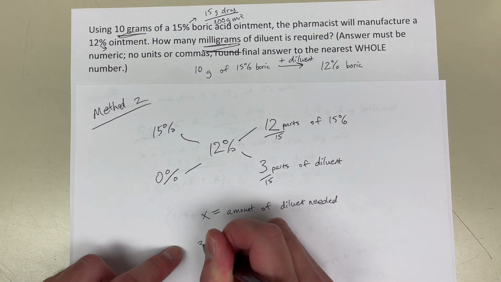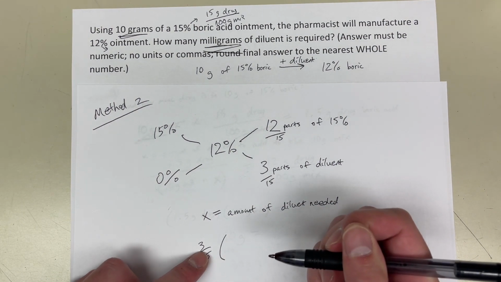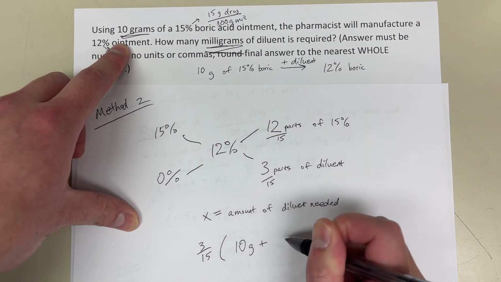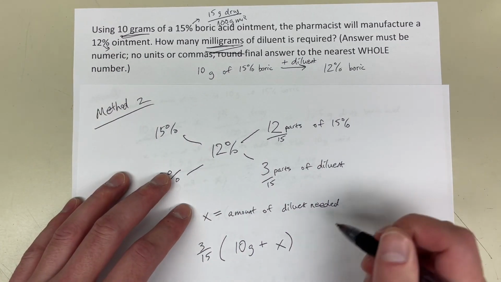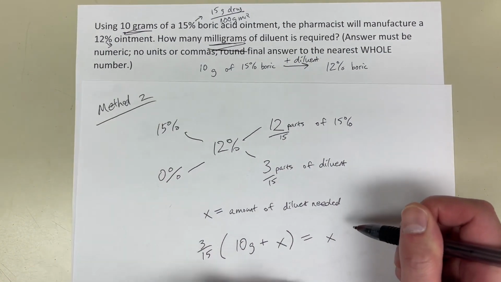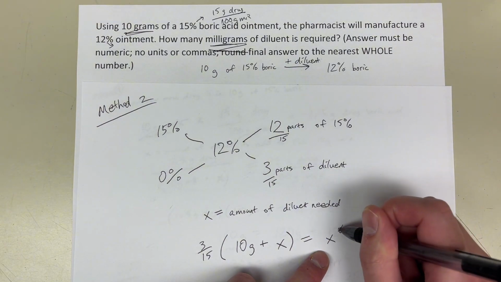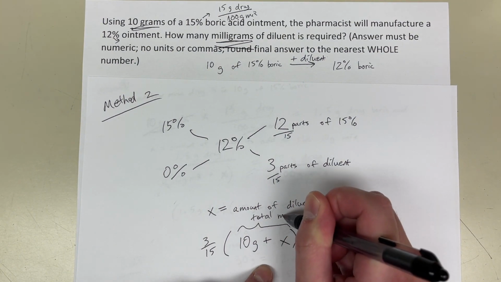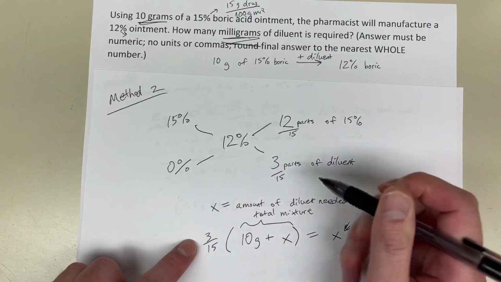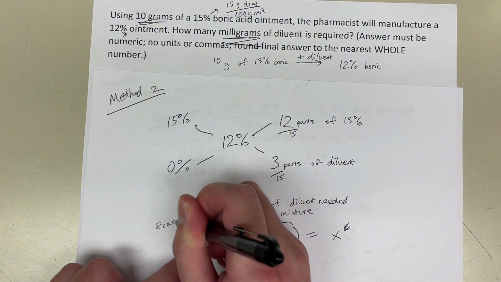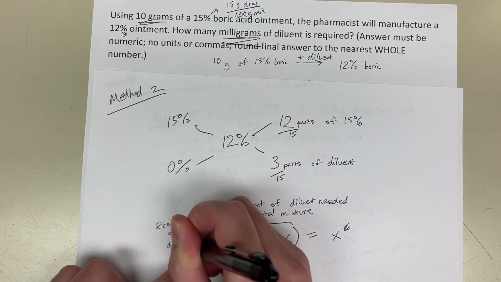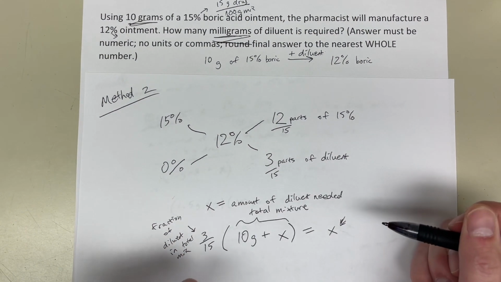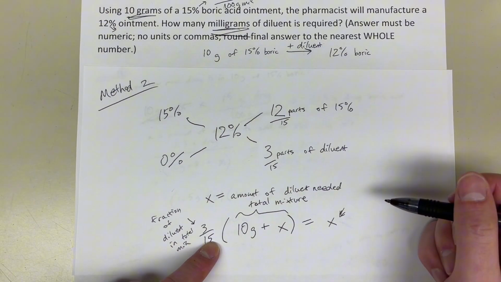So now I'm going to use 3/15 and multiply that by the total amount in the mixture, because remember, our mixture starts with 10 grams, and then we have to add diluent, which is x. We don't know it yet. And then that should equal the amount of diluent we need. x is the amount of diluent, and this here is the total in the mixture. And this 3/15 is the fraction of diluent in the total mixture. Right. And then you just use simple algebra to find x.